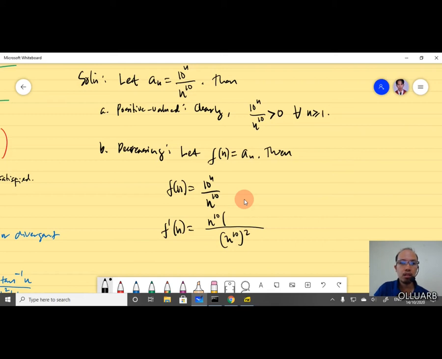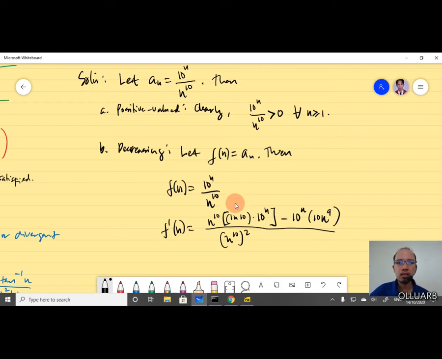The answer, let's use another notation, is ln 10 times 10 to the n, minus 10 to the n times the derivative of the denominator, which is 10 n to the 9.